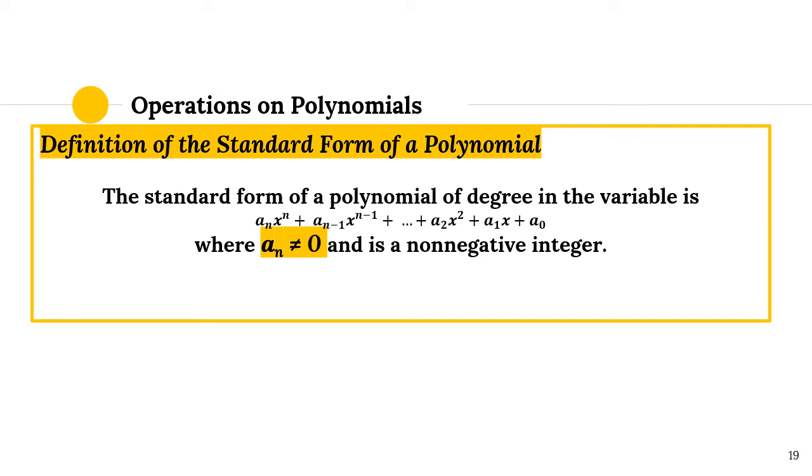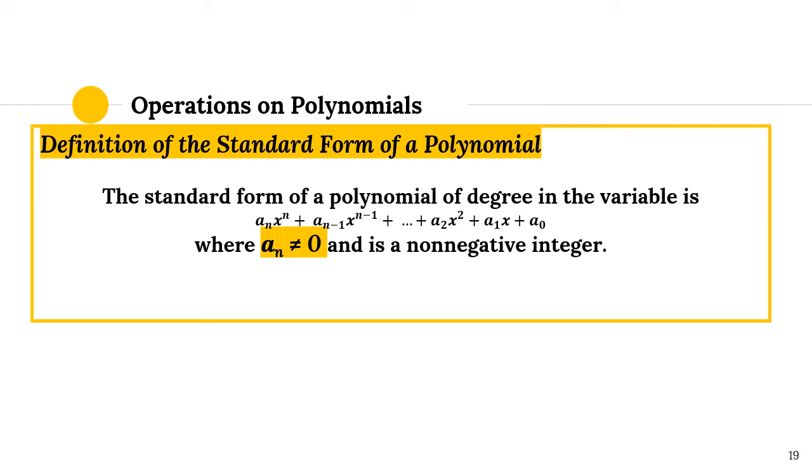How do you deal with the negative coefficient in the first term? You simply change the signs of each term in the polynomial to its opposite. We call that the additive inverse. So if the first term has a negative sign, you convert it into positive.